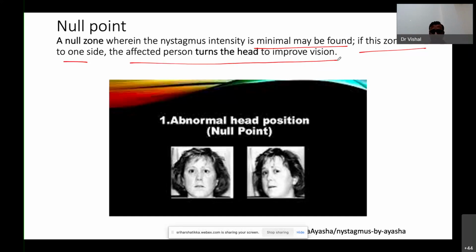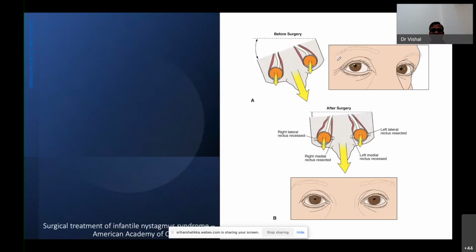And that's why some patients develop head tilt, and that is what is used in patients for the surgical treatment of this infantile variety of nystagmus.